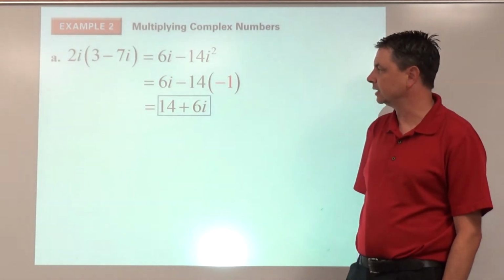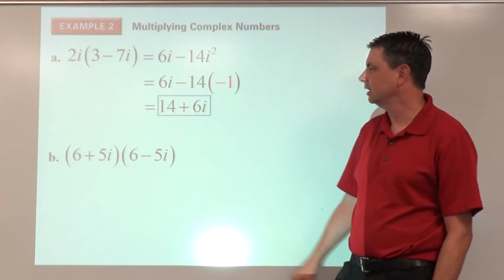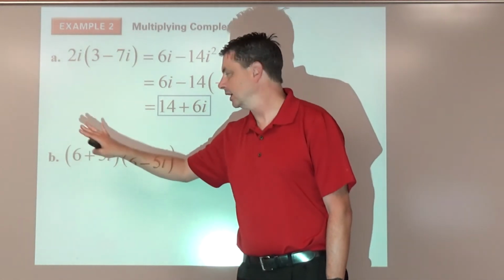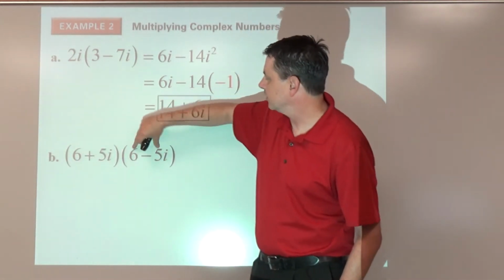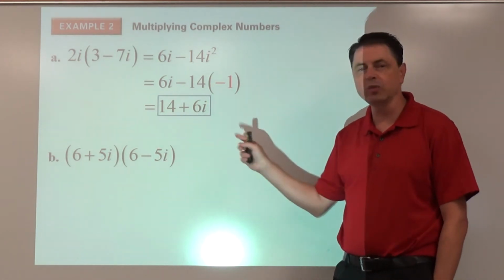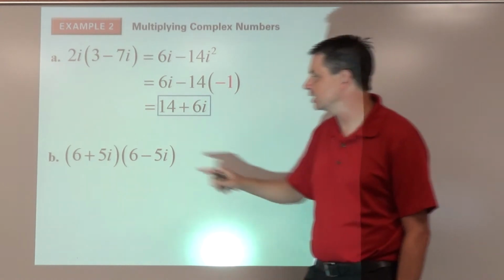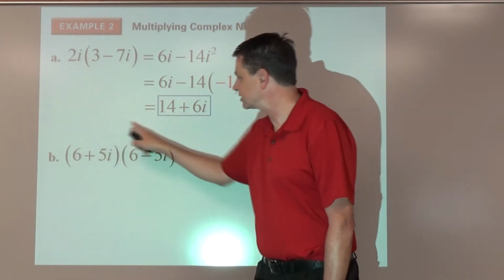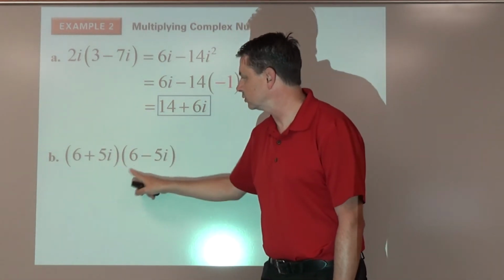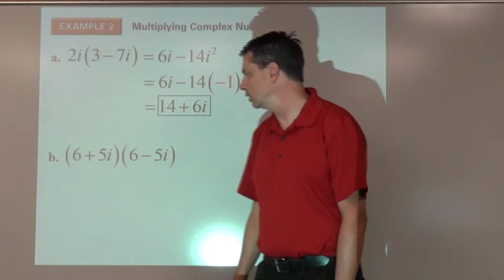More multiplying. Part B. Now we're multiplying an imaginary by an imaginary. They're both binomials, so we're going to use our binomial multiplication strategy. Distribute the 6 to both. Distribute the positive 5i to both.